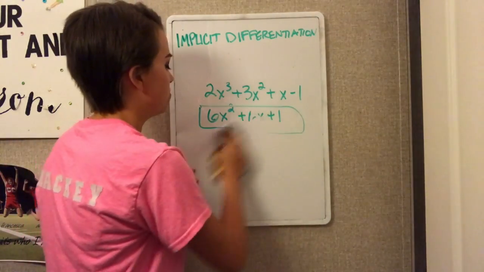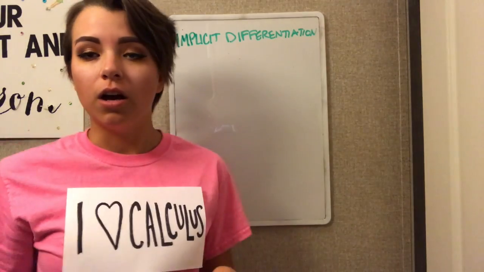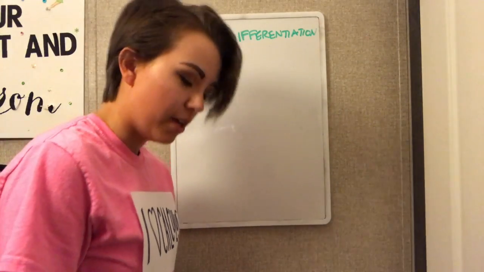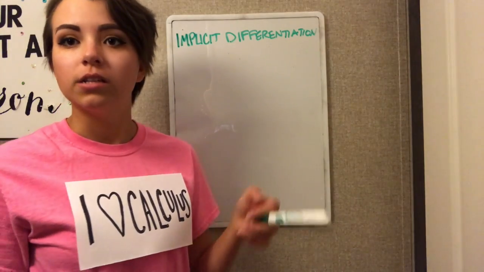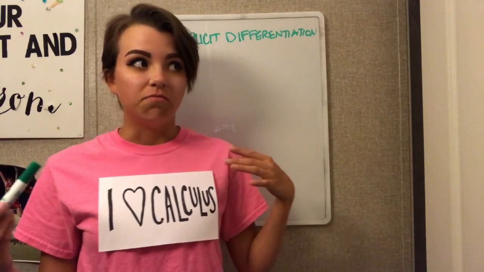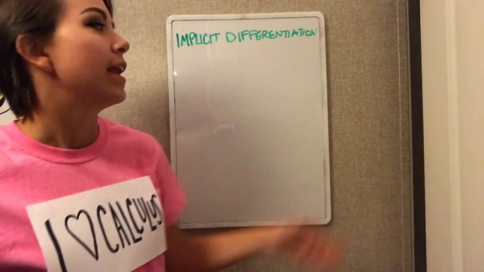But whenever you're taking the derivative of something with respect to another letter, you'd have to write dy dx, or with respect to w is dx dw, that kind of thing. It could be for any letter.